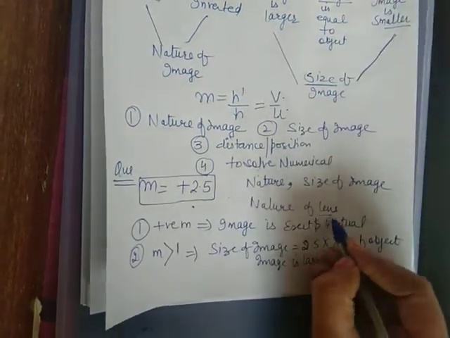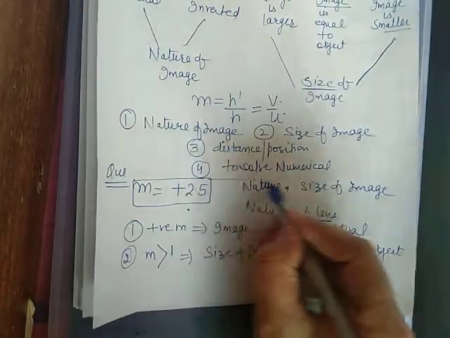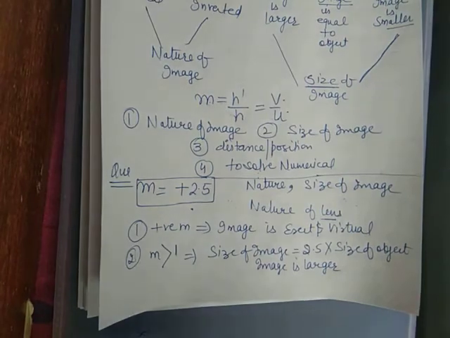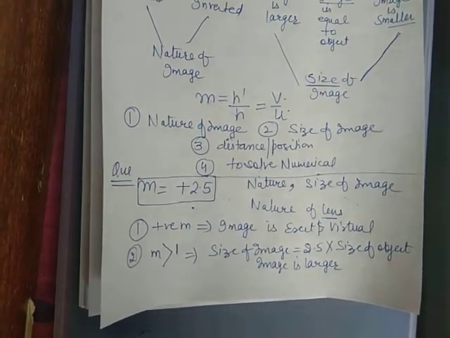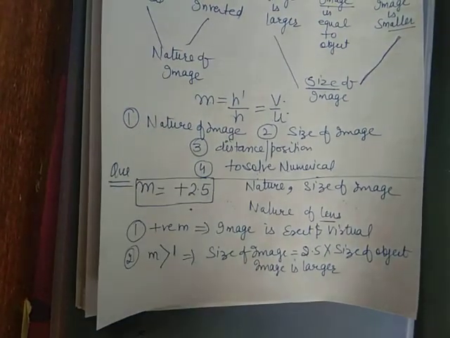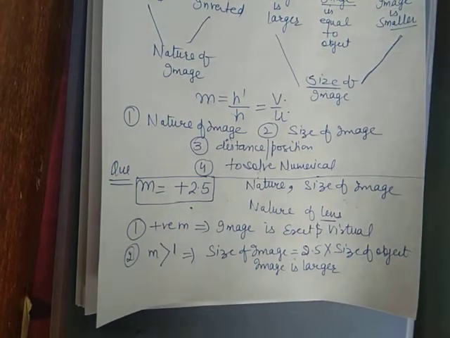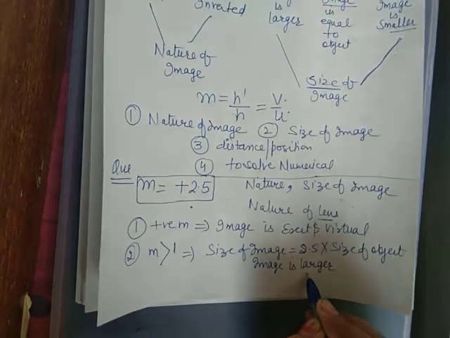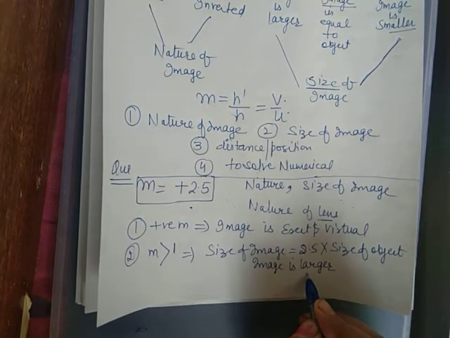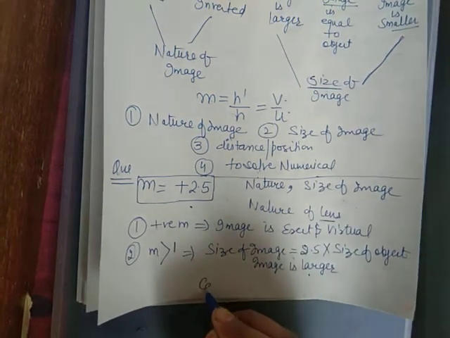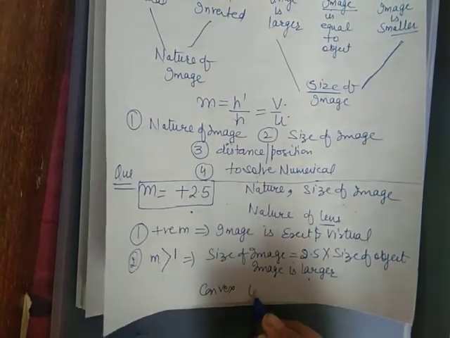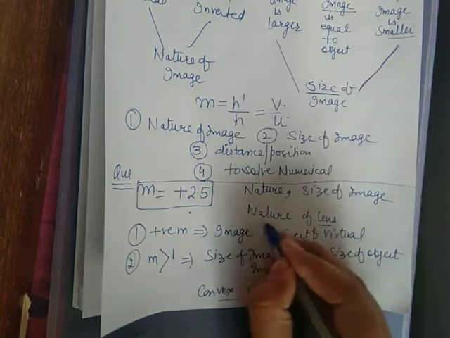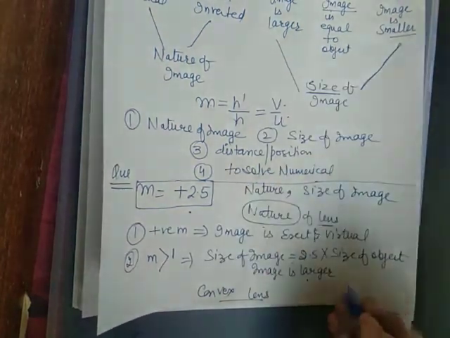And what about nature of lens? You have to find out the nature of lens also. As we have only two lenses, that is convex lens and concave lens. In concave lens, for any position of object, image is diminished, small in size. As size of image is larger, it means that it is convex lens.